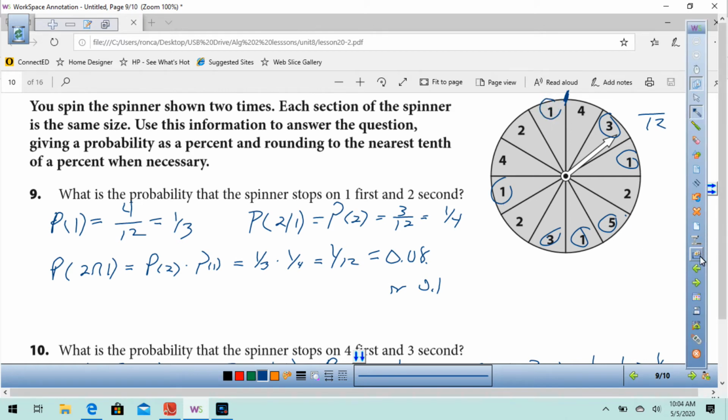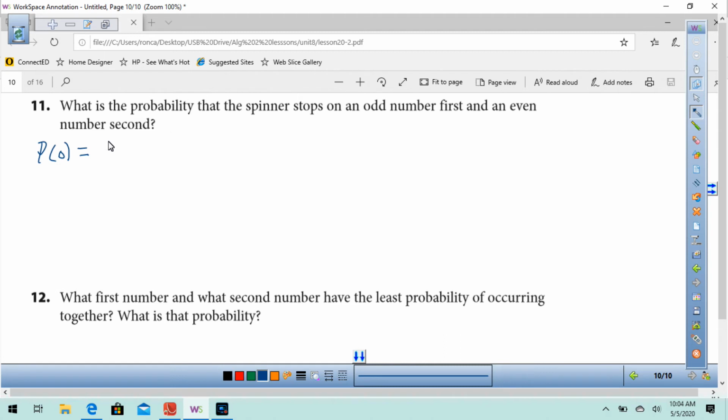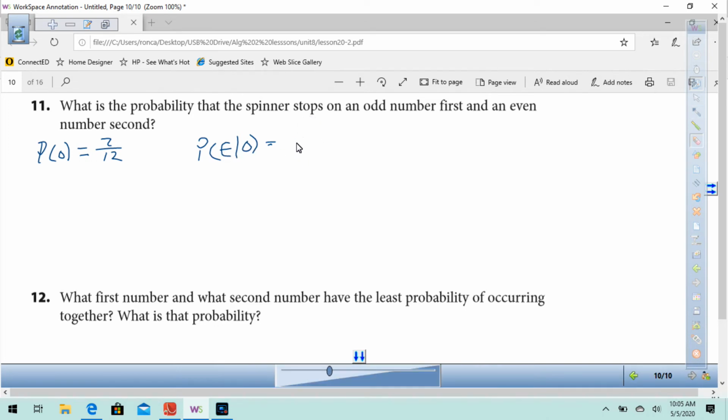I'm counting 7. So we got 7/12. And then the probability of an even given odd. Well, if there's 7 odd, that means there are 5 even. Because remember, since this is with replacement, it's the same as the probability of an even number, which is 5/12.